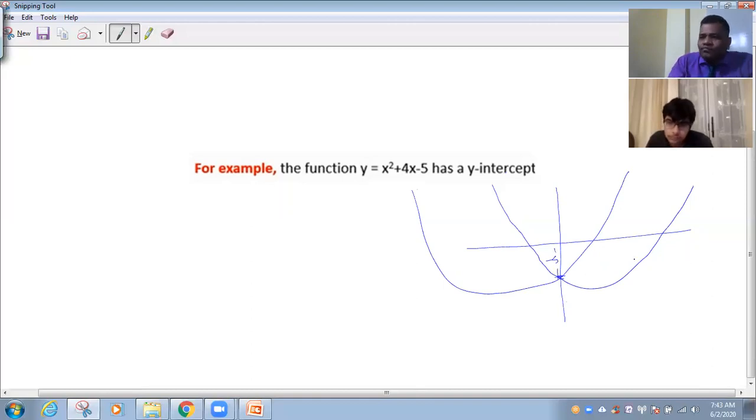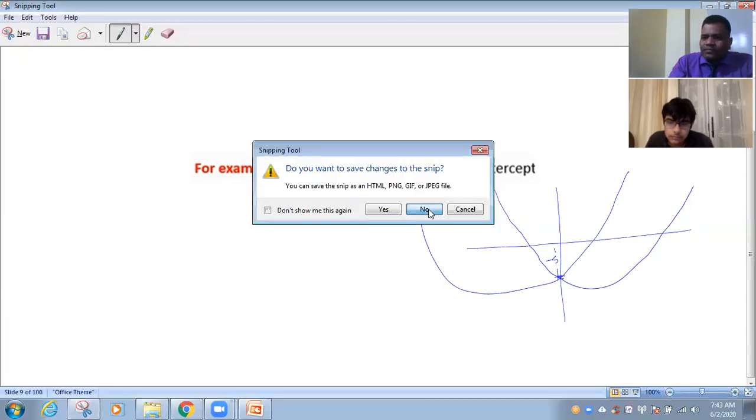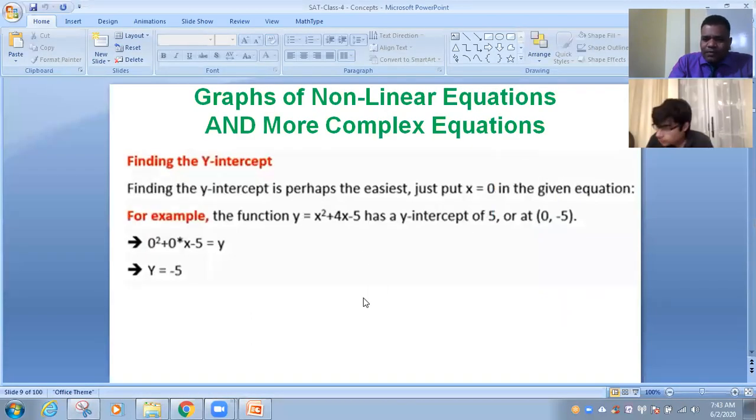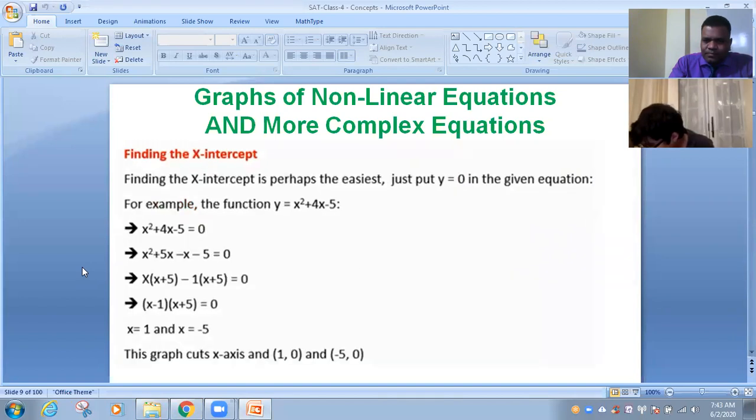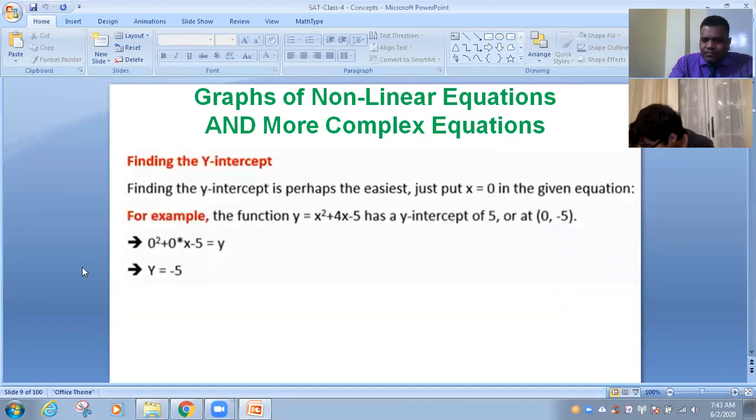Can you tell me the x-intercepts of the parabola? The intercepts are minus 5 and 1. Good.